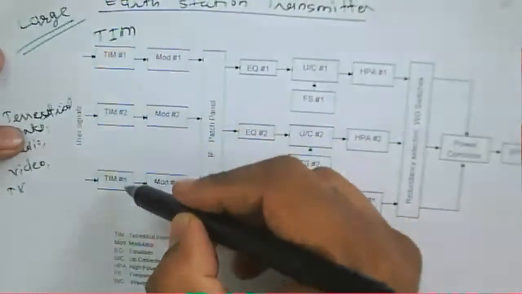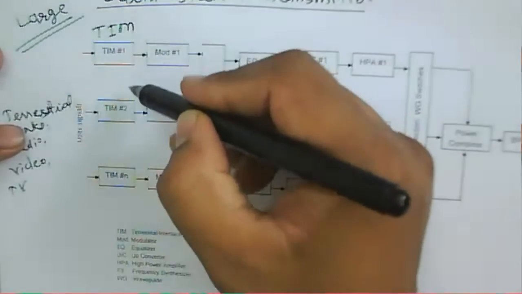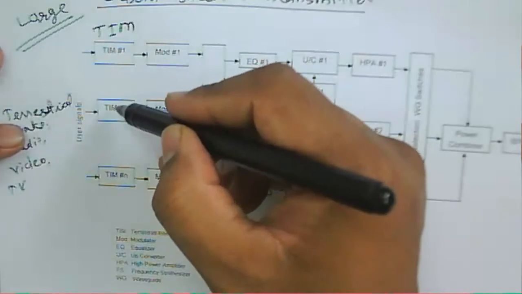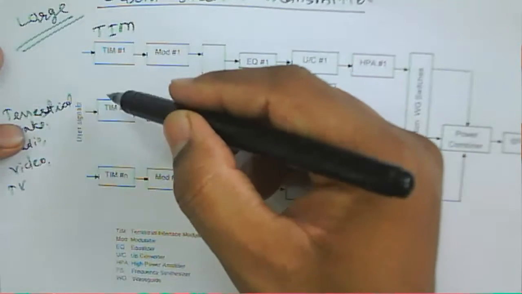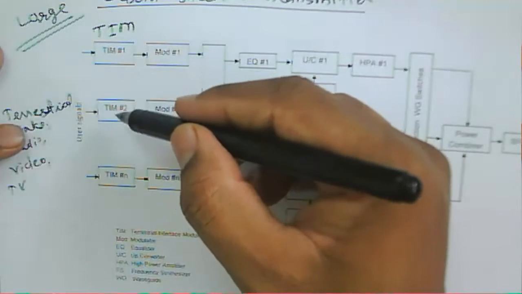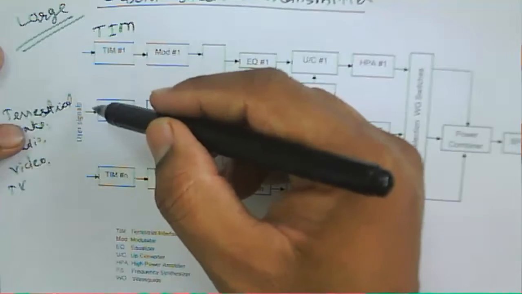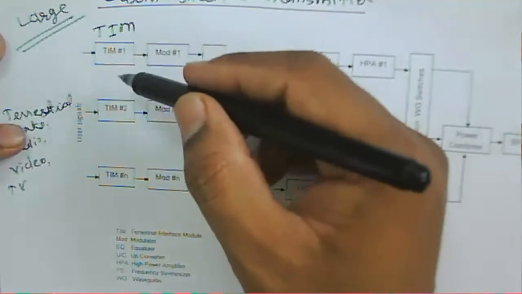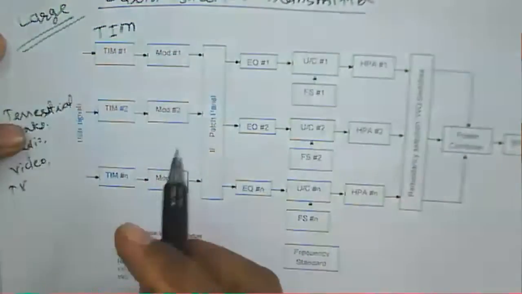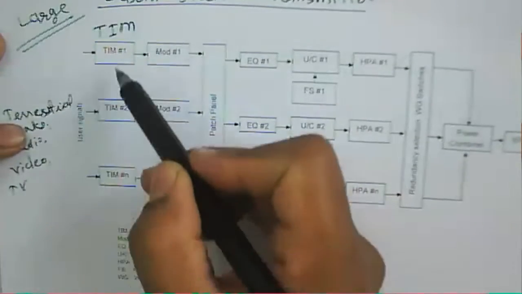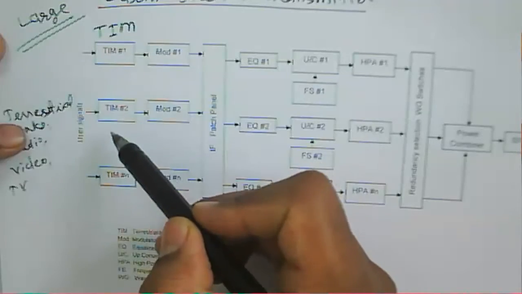There are various terrestrial interface modules, because there are a larger number of carriers, so this earth station has a various number of terrestrial interface modules.